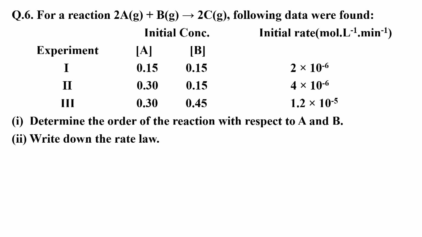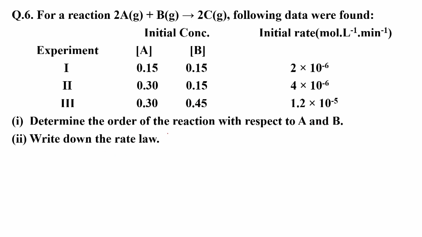For a reaction 2A goes to B plus C, the following data were found. It says that experiment 1 is at different times, with initial concentrations of A and B given. Determine the order of the reaction with respect to A and B and write down the rate law.